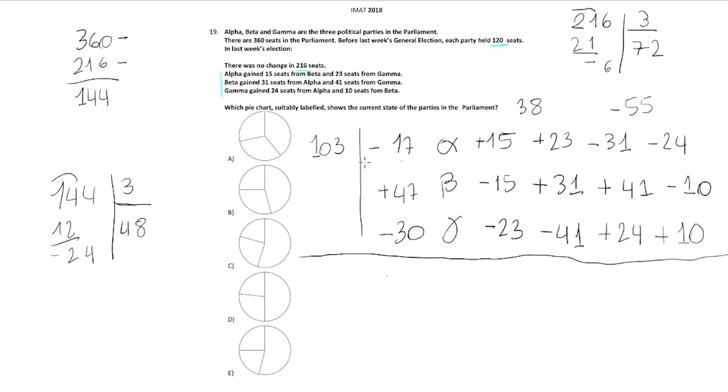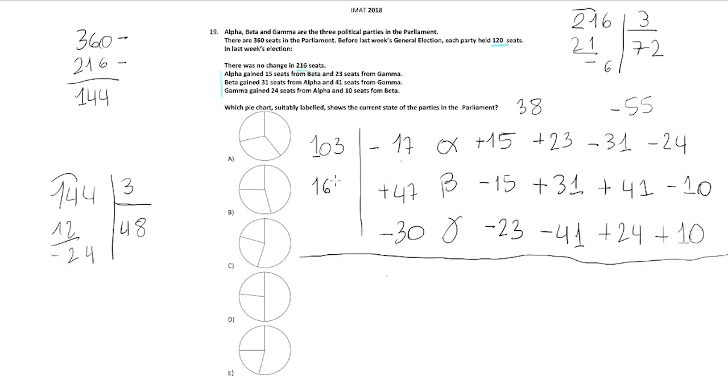Then next we have beta, who gained 48 plus 47, which is equal to 95, and 72 plus 95 equals 167 seats. So he has 167 seats in total.